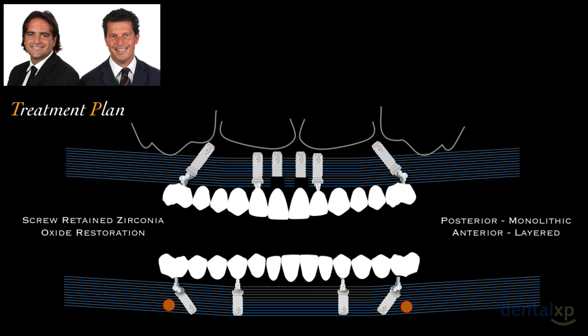And you can see that we decided to go for a screw retained zirconia restoration, monolithic in the posterior areas and an anterior zirconia restoration layered on top with veneering ceramic.